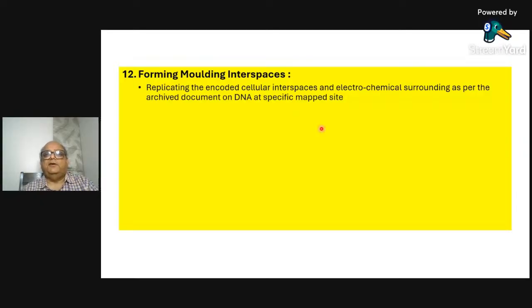Genes are mapped specifically at certain locations on the cell. Okay, the macromolecules are not meant to just diffuse through the cytoplasm anywhere and everywhere. Okay, because they will get entangled within no time with so many things, right? So they have to be navigated, they have to be guided, they have to be shaped.